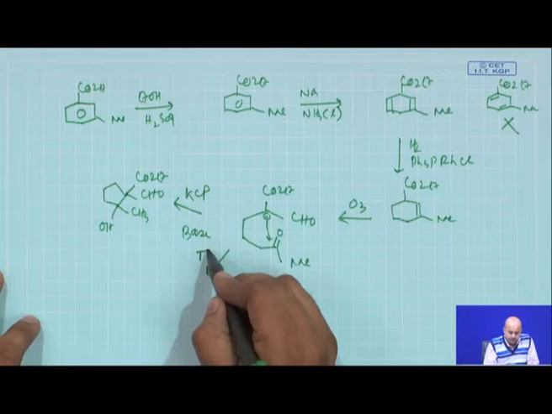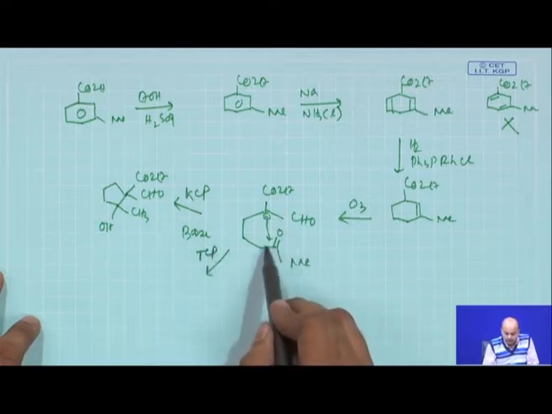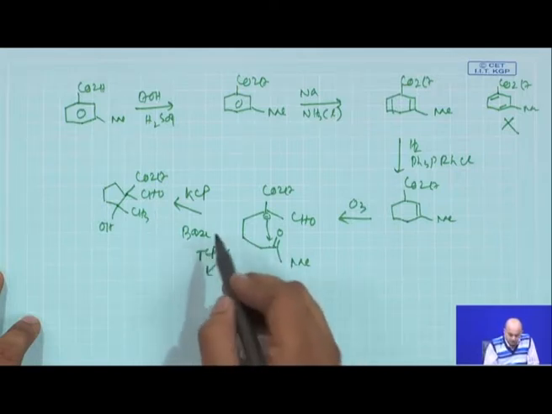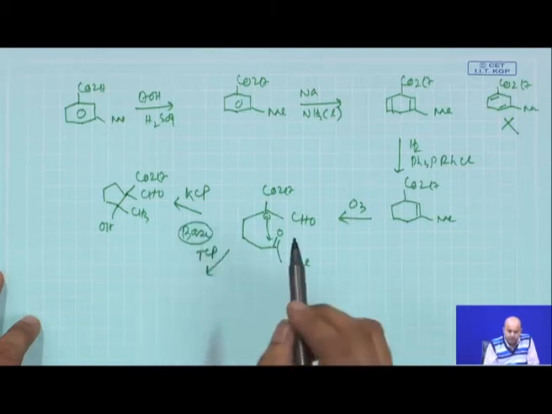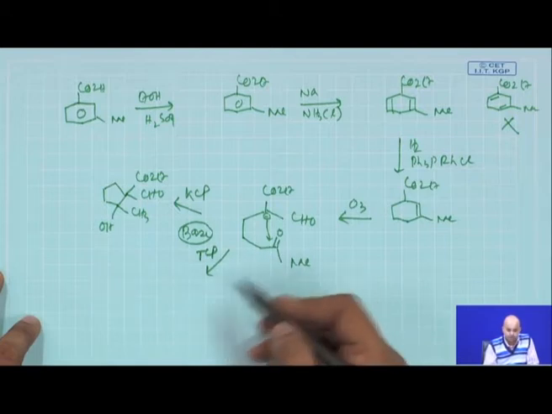Now, think about the other condition, which is thermodynamically controlled, because now this enolate is thermodynamically more stable, having an extra methyl group, an extra alkyl group here. It means that you allow the compound to react with base for more time.